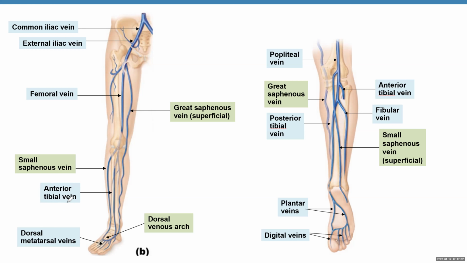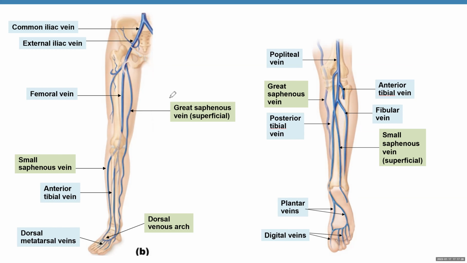So if you have anterior tibial vein and it's in blue, that means you have anterior tibial artery. And I use these green boxes to represent superficial veins, and they don't have corresponding arteries, right?